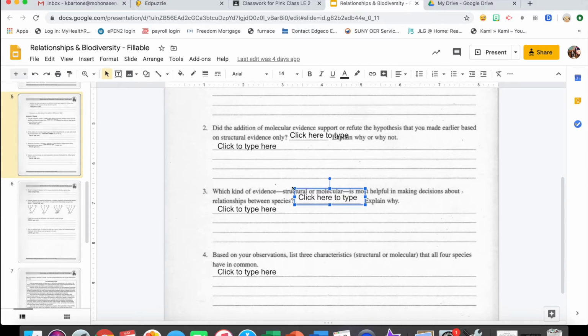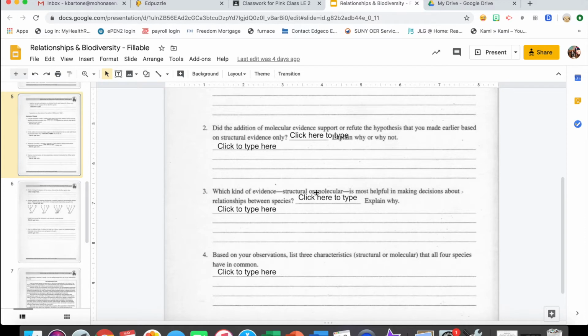Okay, so think about it. When we looked at the structural evidence, we were looking at the external characteristics. We were looking at the number of petals, maybe the color of the petals, the types of seeds, the shapes of the seeds. I tried my very best to show you test 3 with the little microscope slides. But are all of those different things more helpful in making a decision about the relationship?